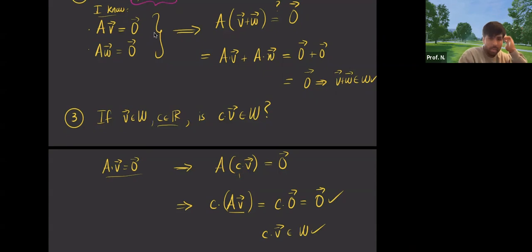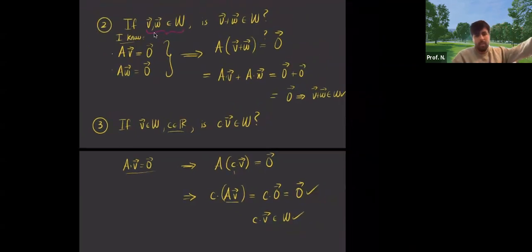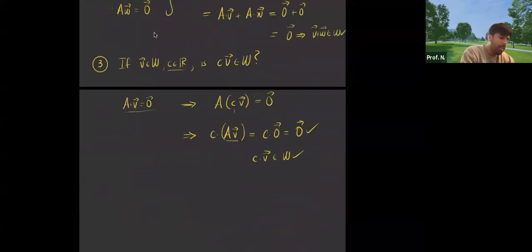Do you see the argument, how it goes through 1, 2, and 3, applying what we know to what we want to show? And so once the three conditions hold, what do we say?